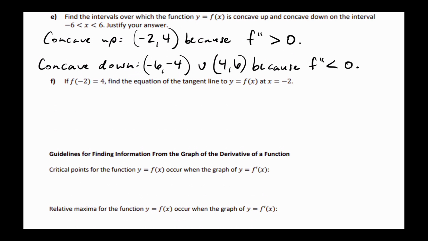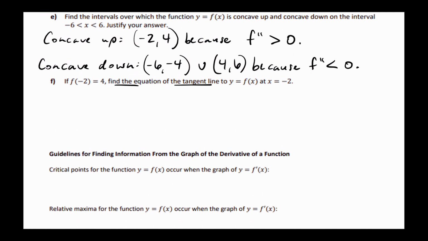Now the question says, if f of negative 2 is 4, find the equation of the tangent line to f of x at x equals negative 2. So we need to find the equation of the tangent line. Anytime we need to find the equation of the tangent line, we need to use point slope form, right?